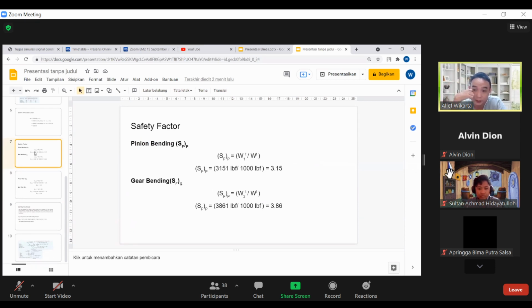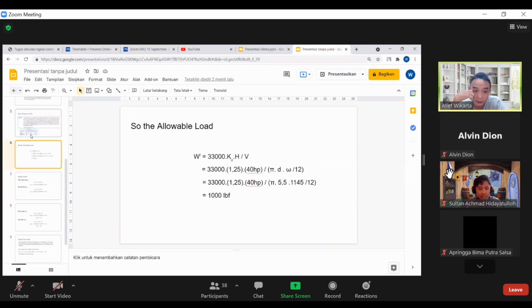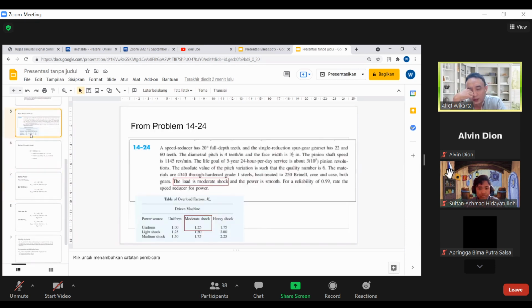Yeah, will be higher. Is it correct, Mas? Yes, so the safety factor will be higher, and I think that's okay, without KO.